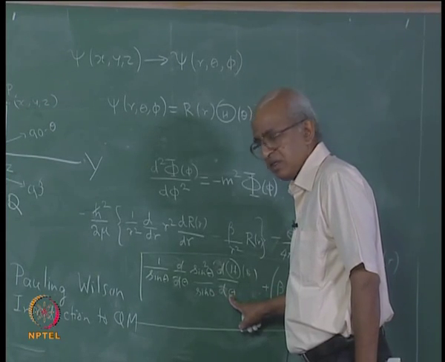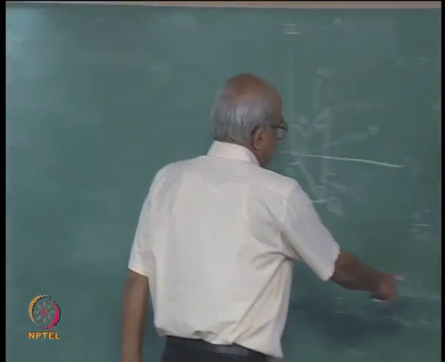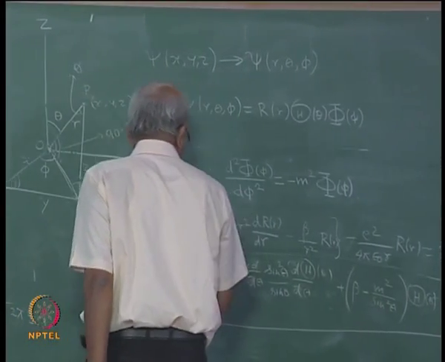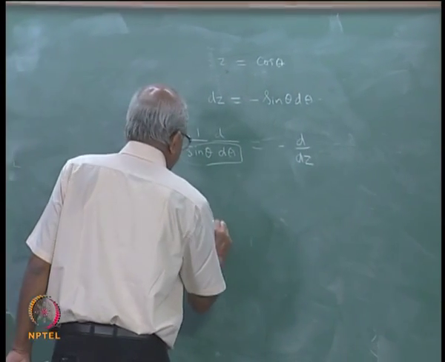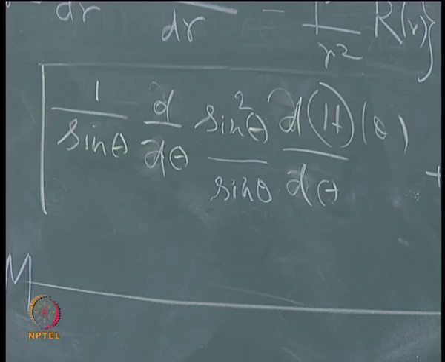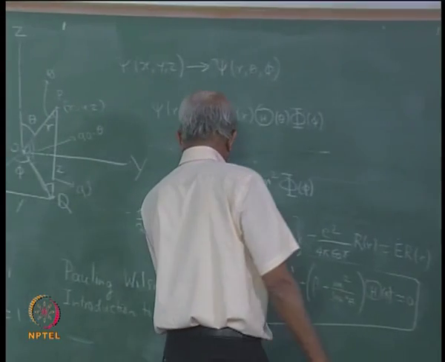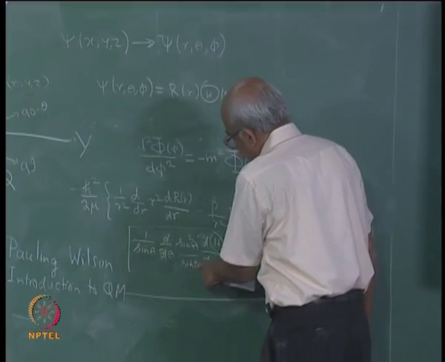So, let us see what happens to this equation. The way it is written, it is going to become minus d by dz. I am just writing this operator. Then there is another sin theta d theta.